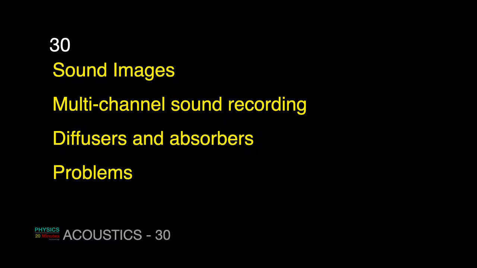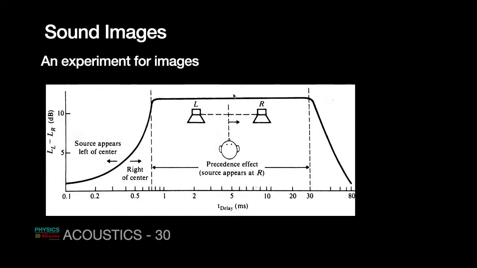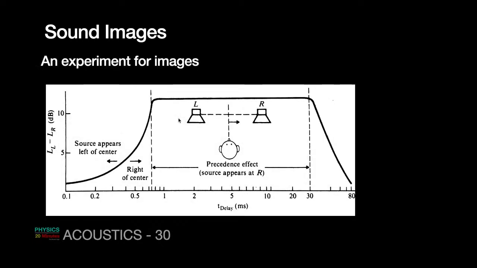So we have already seen an experiment for images. The person sits here at the center, left, right. On this, we plot how much is the delay from the left speakers. Delay from the left speakers means how much farther away the left speaker is from the person.